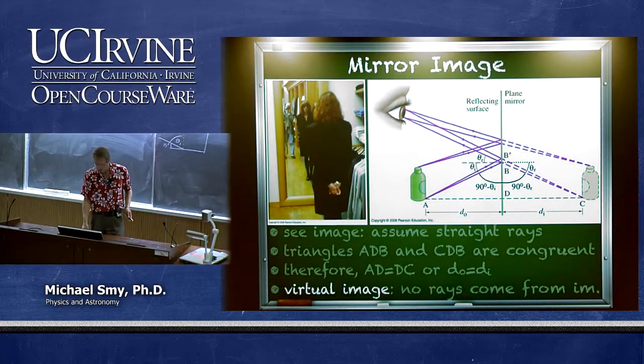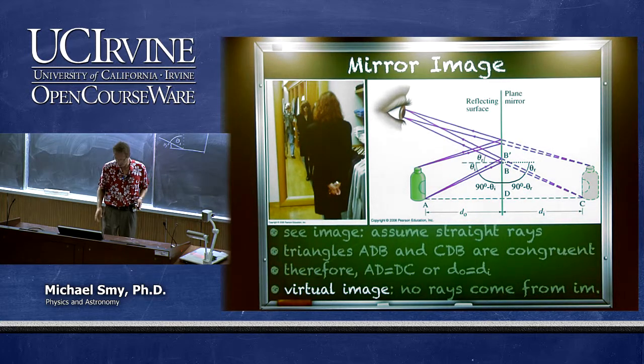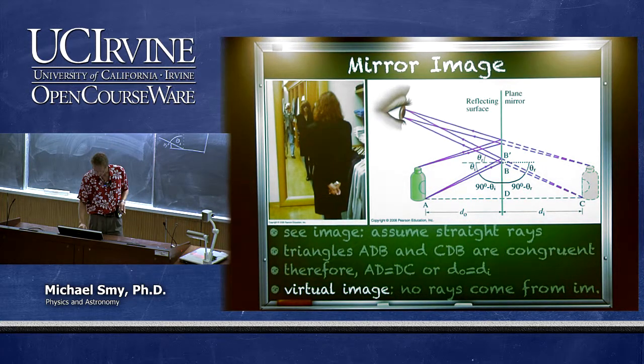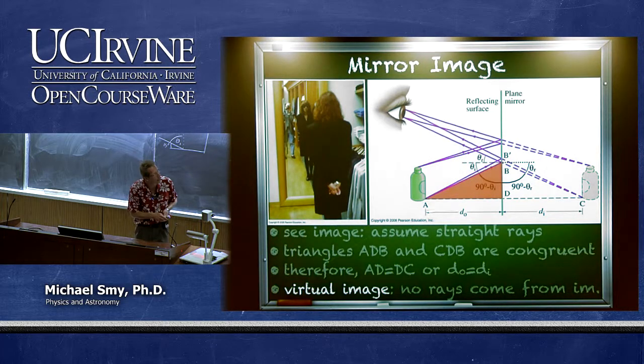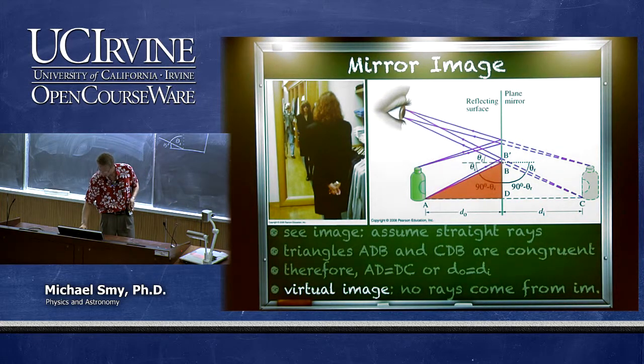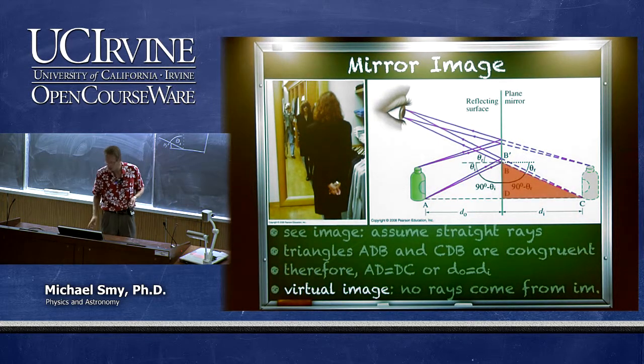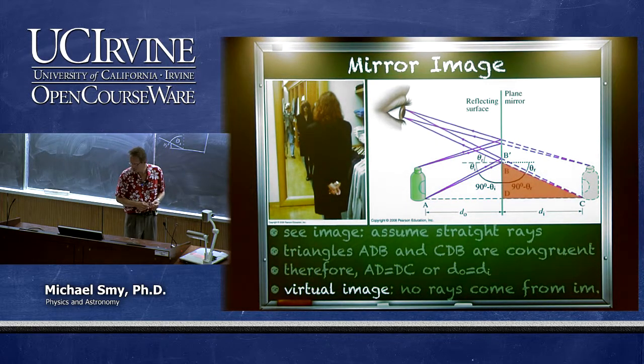We can calculate the position of that image, and to do that, we observe that this triangle, which is a right triangle, formed from the bottom of the bottle to the plane of the mirror to the point of reflection, is congruent to that triangle, which is the equivalent thing connecting the bottom of the image to the other 2 points.